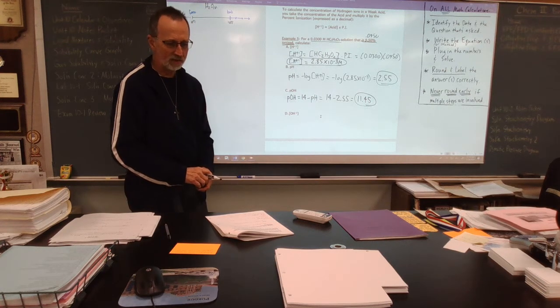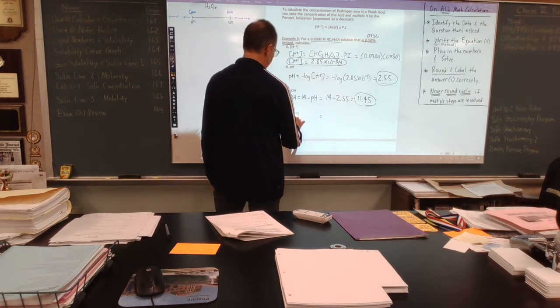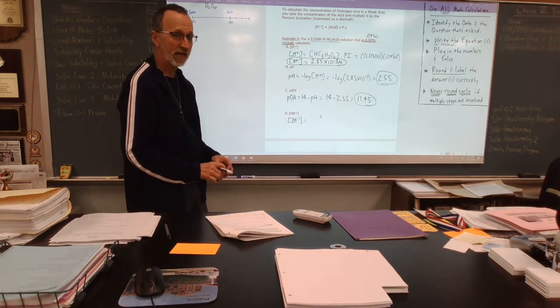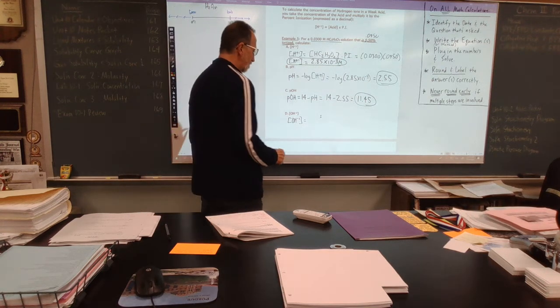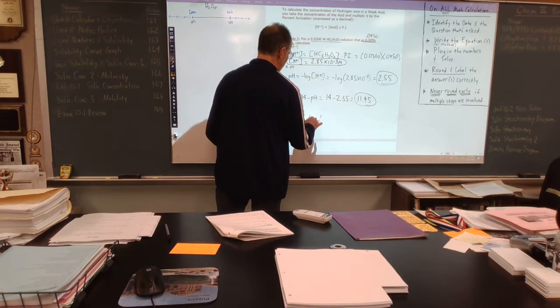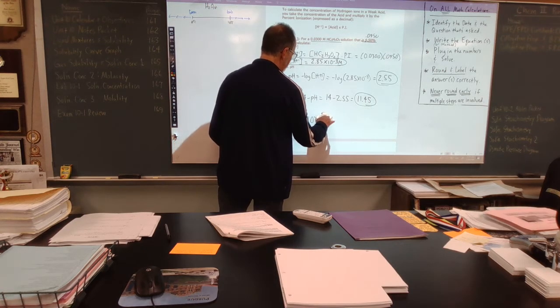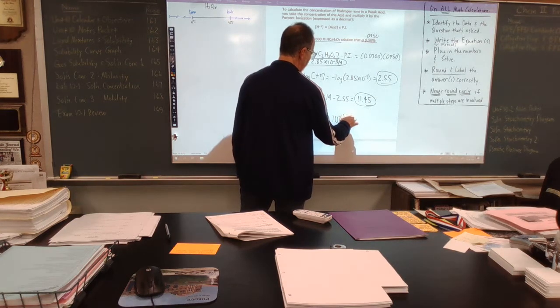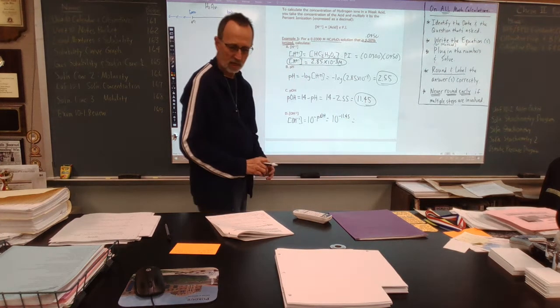And then lastly, the hydroxide ion concentration. The hydroxide ion concentration is equal to the inverse log of the negative pOH, which on most of your calculators is depicted as 10 to the x. So that would be 10 to the negative pOH, which would be 10 to the negative 11.45 power.